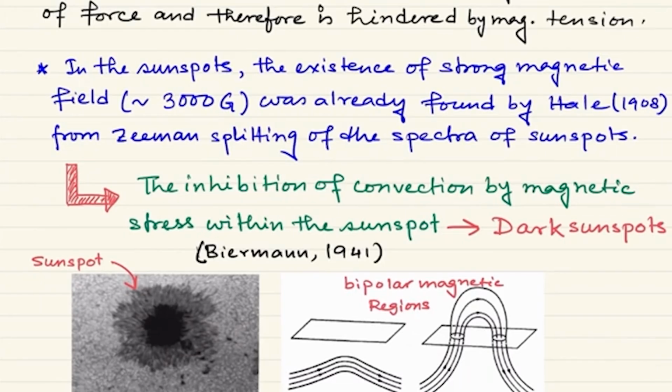Earth has an average diameter of 12,000 kilometers, so it can enter in. I mean, there are some sunspots. Now that was the reason for the darkness of the sunspot.